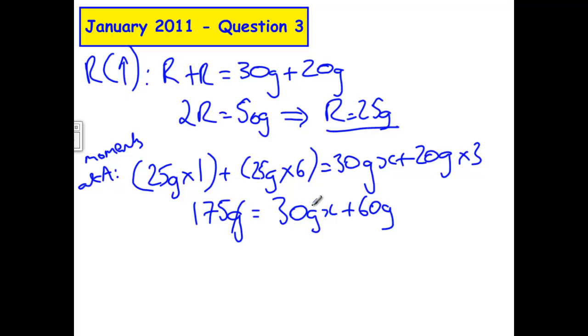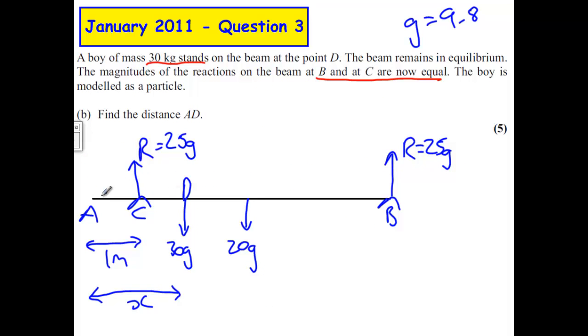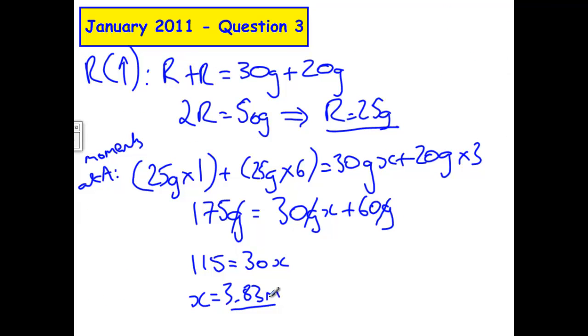Now I can cancel out the G's, dividing the whole thing to cancel out the factor of G. If I bring this 60 onto the other side, it tells me that 115 is equal to 30x. And dividing both sides by 30 tells me that x is equal to 3.83 meters. And we wanted the distance AD, the distance from A to D, which I labelled as x, and that is equal to 3.83 meters.